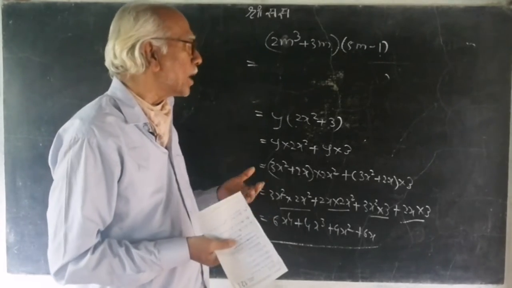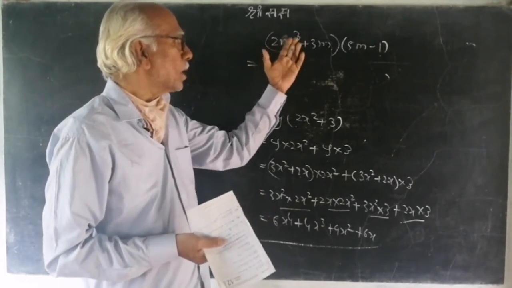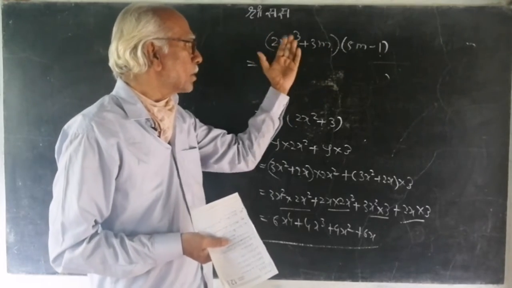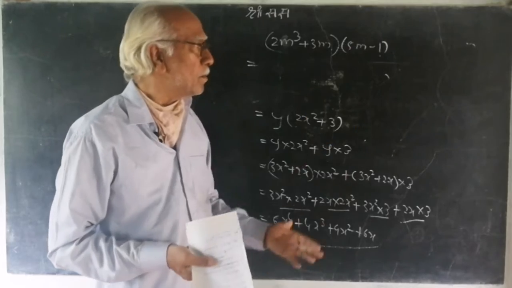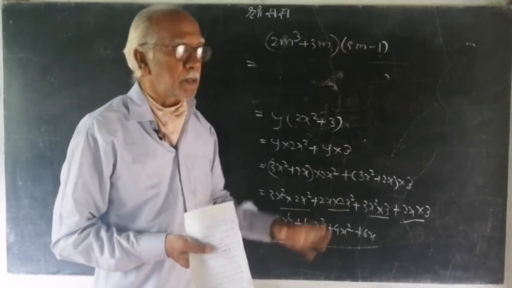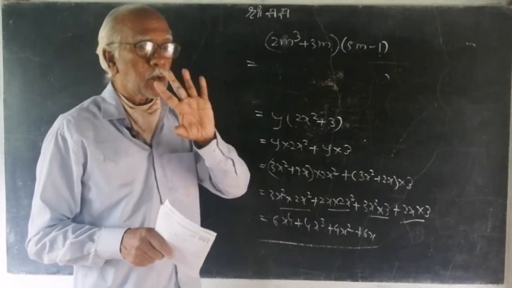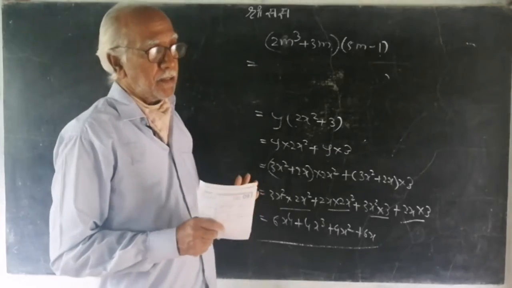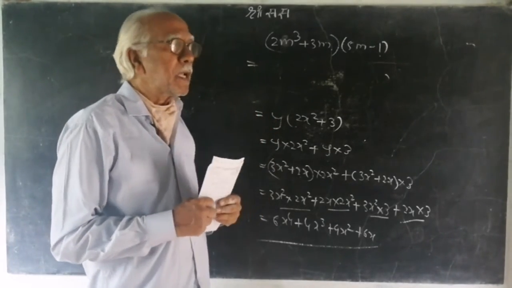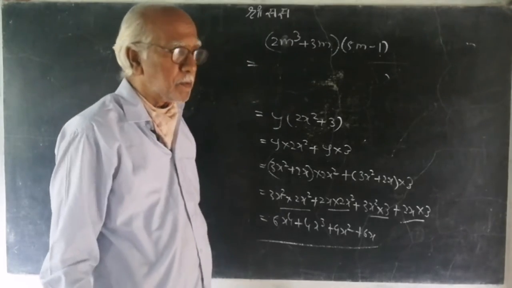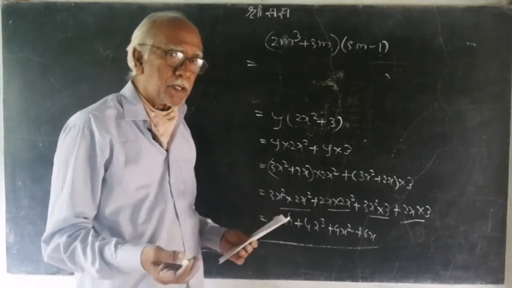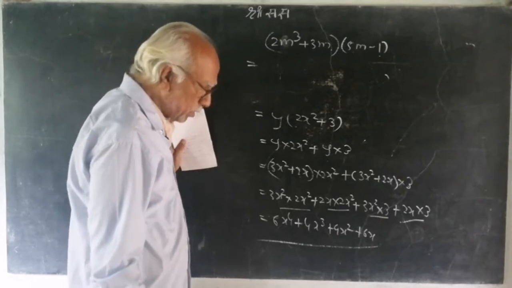How will we be multiplying? We will be multiplying 2m cube into 5m, 2m cube into minus 1, then 3m into 5m, and then 3m into 1. So totally we will get 4 terms. These are all monomial multiplications only, and we multiply monomials as sign into sign, number into number, variable into variable.